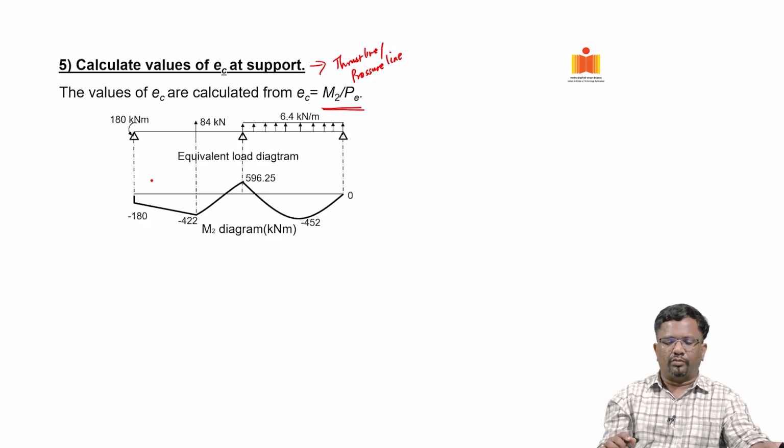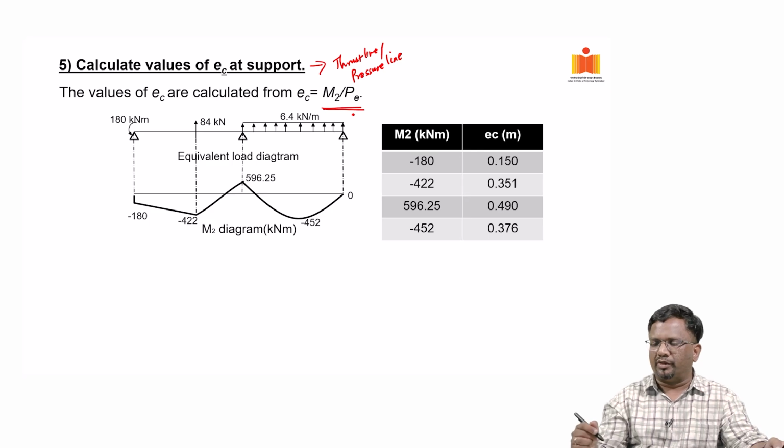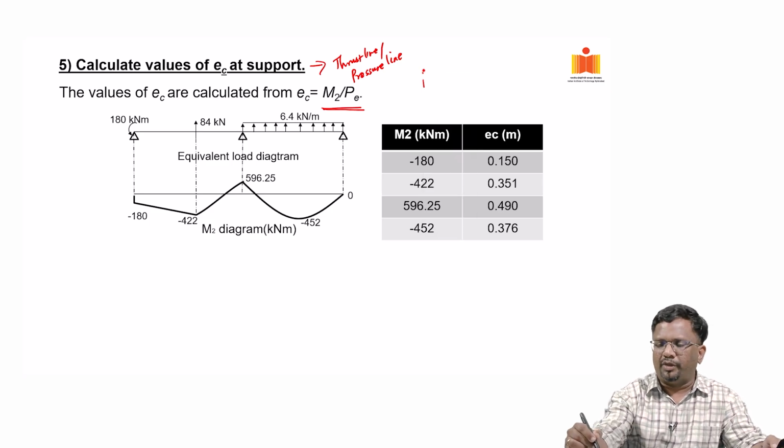So, these are the M2 diagram that we got. You can see that the pressure line is nothing but M2 by PE. PE value is given to you, which is 1200 kilonewton.